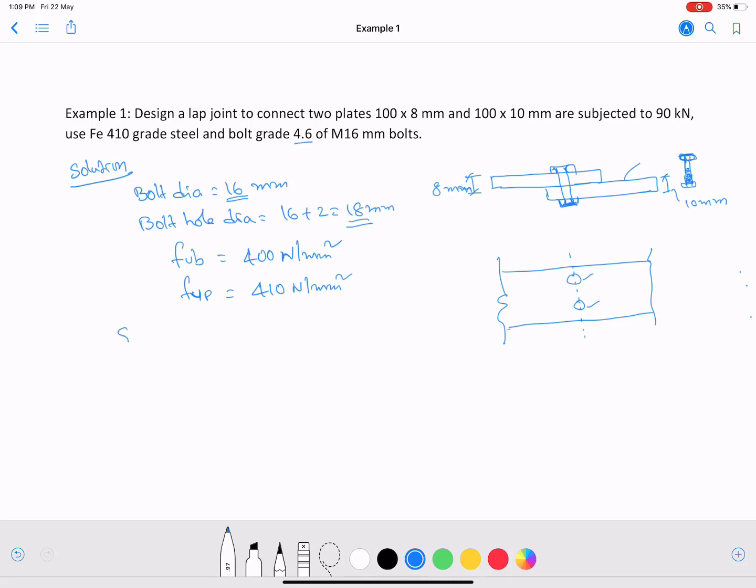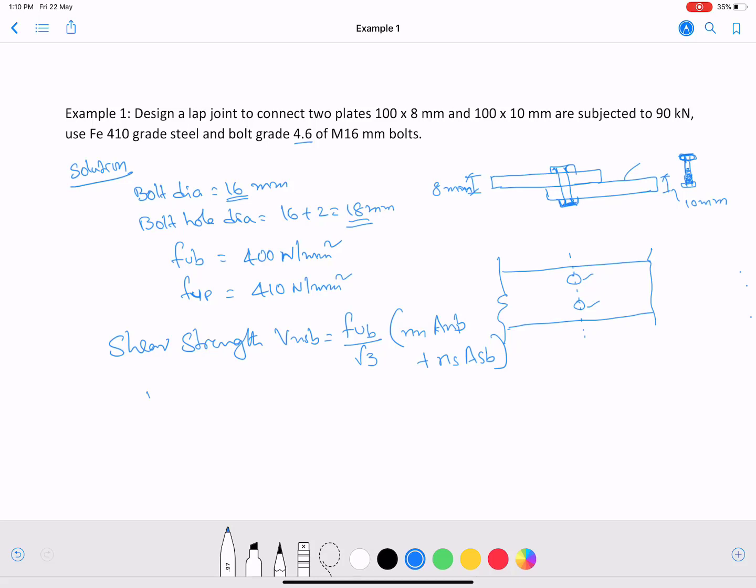What is the equation of the shear strength? Shear strength VNSB equal to FUB by square root of 3, times NN ANB plus NS ASB.